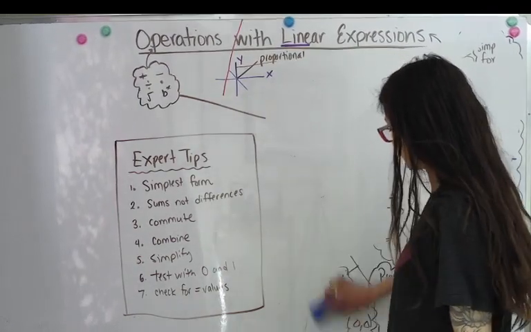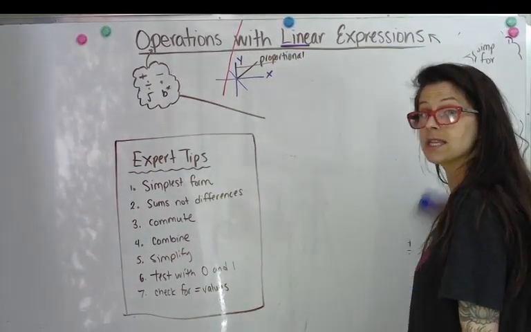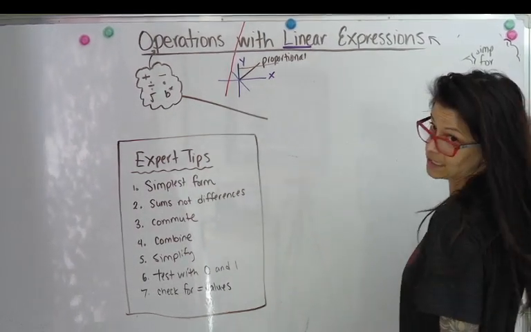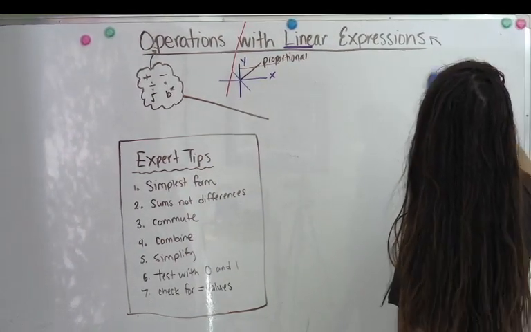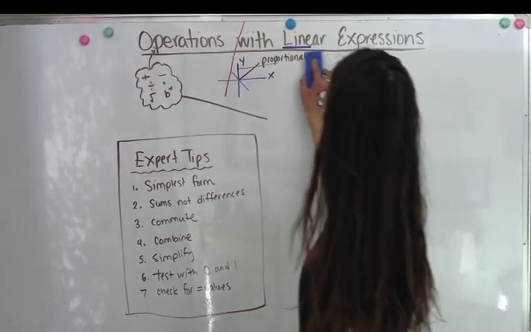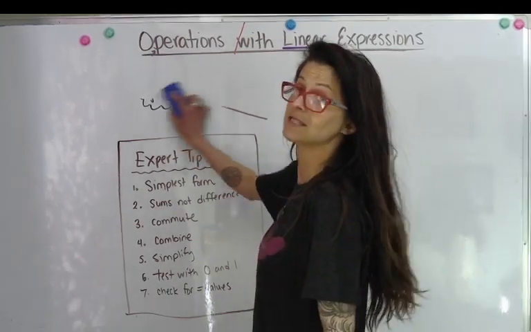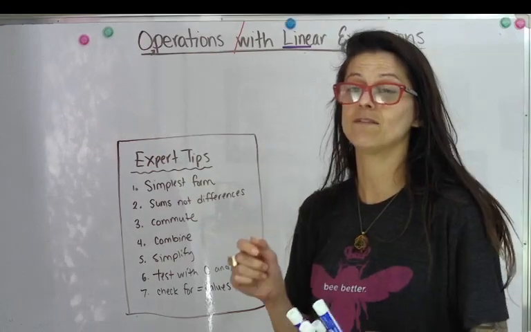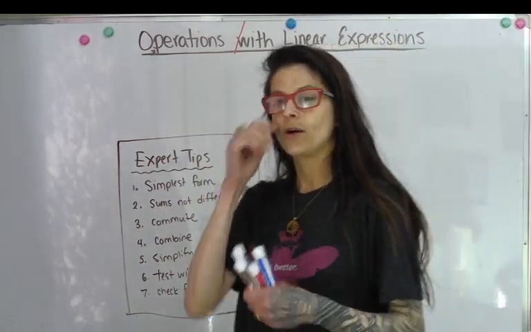I often see mistakes with my students who are learning this skill that they forget to regard the negative sign. So my expert tip is to change all subtraction operations to addition of the opposite. So that subtraction symbol turns into plus a negative versus just subtract.